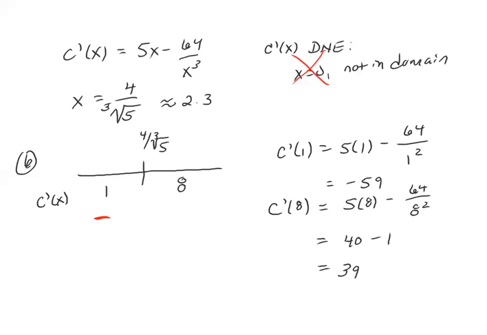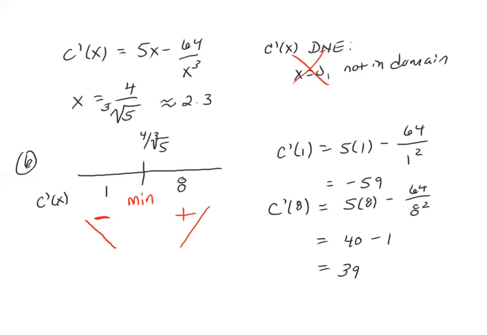So that is a positive number. All that I really care about is the sign. What does that tell me? That tells me that the cost function is decreasing to the left of 4 over cube root of 5, and it is increasing to the right of 4 over cube root of 5, which tells me that this critical point is in fact the location of a minimum cost.